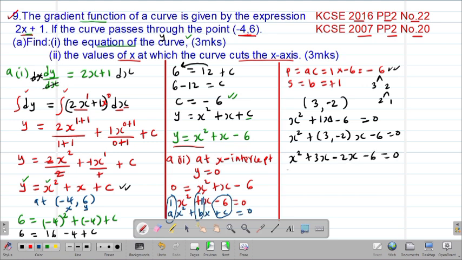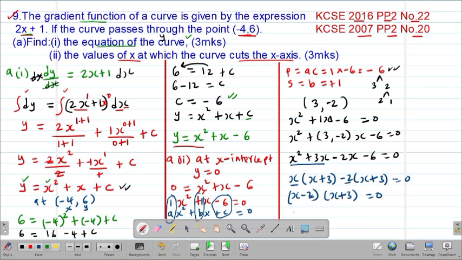I'm going to factor out the common term between the first two terms, which is x. So I'm going to have x into x plus 3, then minus 2 into x plus 3, which equals 0. So I'll pick this one and this: x minus 2, then the second bracket, x plus 3, which equals 0.